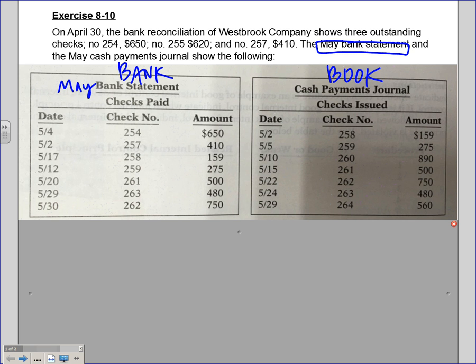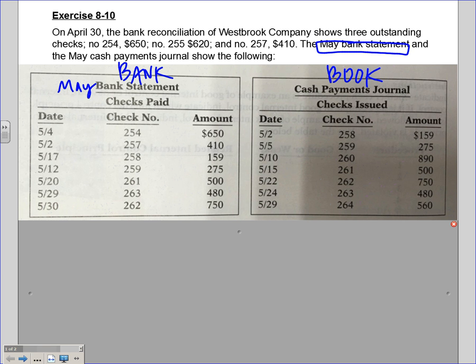Okay, so that gap of 15 days is, I'd say, pretty long. Usually things are happening, I'd say, in 3 to 5 business days. Okay. Let's take a look at check 259, which we wrote on 5/5. When did it clear in the bank? Okay, and when I write a check, is that real money?